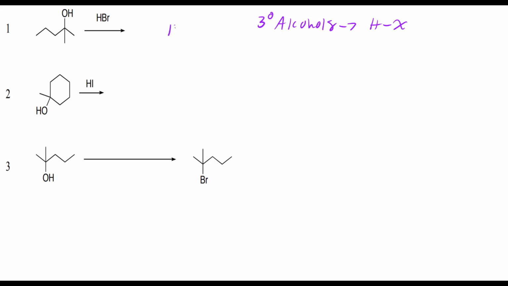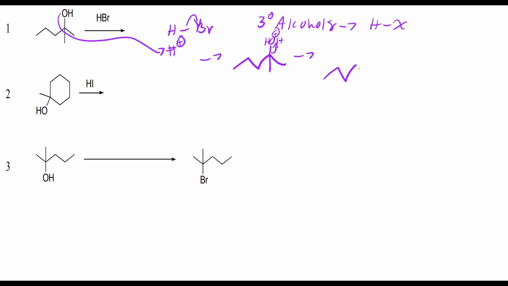So we have an H and then a Br. The Br comes off. You have an H positive, whatever. He's going to be attracted to this oxygen. We now have this guy, which is water. So he's positive. He's going to come off, forming a carbocation.